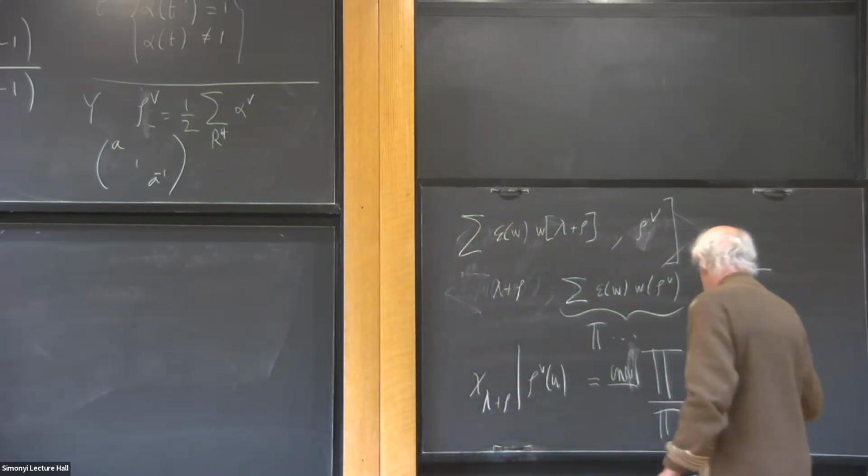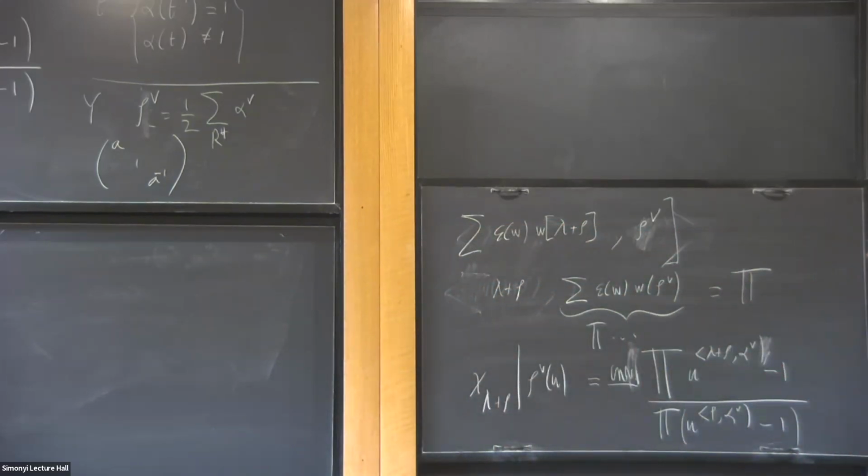If I look at the corresponding factors in the numerator and denominator, for each positive coroot, this is a sum of rho alpha hat, the same as here, plus lambda alpha hat, which is something positive or zero.